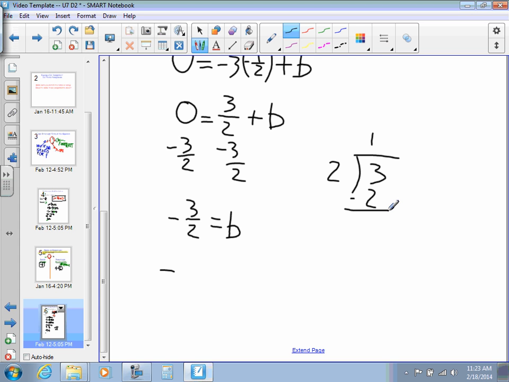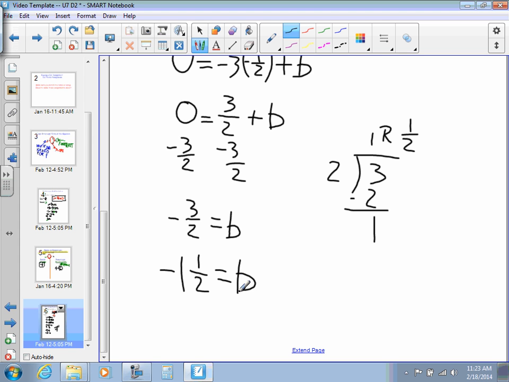I'll subtract the 2, and that'll give me a 1 here. Now, in elementary school, you would have written it as 1 remainder 1, right? What that really is, 1 remainder, this 1 is still divided by 2. It's 1 remainder 1/2, or it was negative again, negative 1 and 1/2.